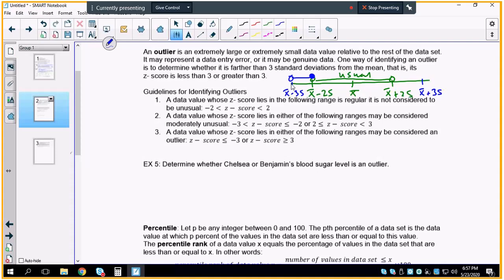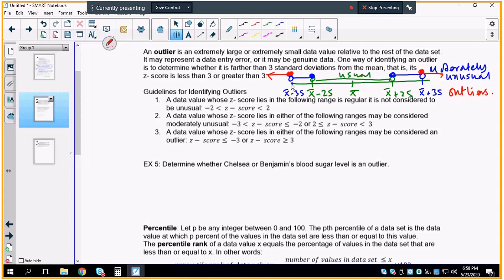Those two regions are moderately unusual. And if you find any data that is greater than or equal to the z-score of 3, or less than or equal to the z-score of -3, so now you're talking about the data that starts here and goes this way, and starts here and goes this way, all these data are called outliers.